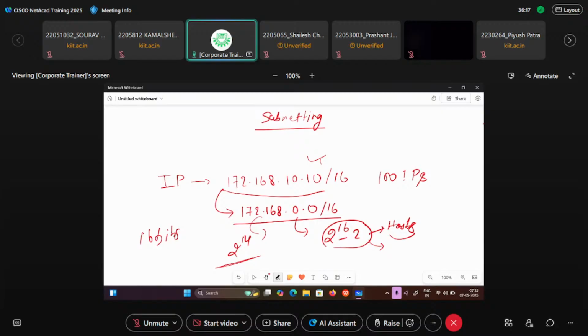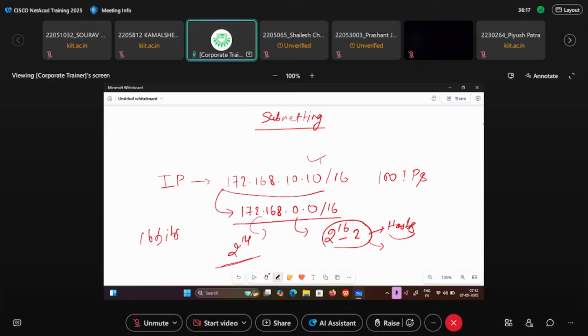If you use this network, how many IPs will be wasted? There are so many IPs that will be wasted. If you calculate the value of 2 raised to the power 16, how much will you get? Just calculate it.